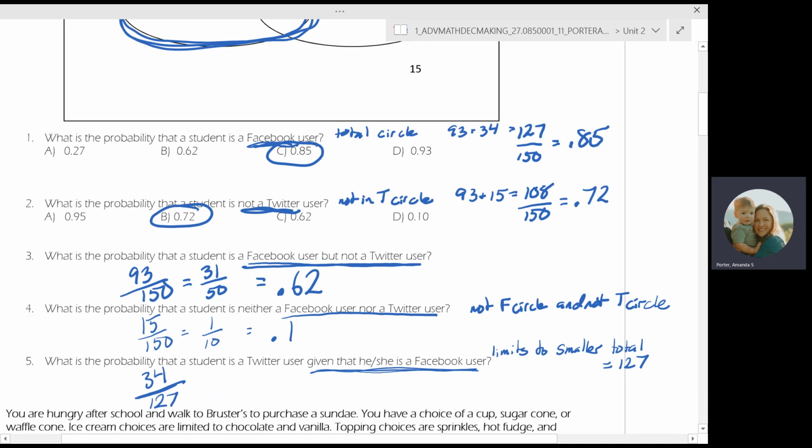Let's see if that reduces. It does not. And that equals 0.26, I would round that up to 8. I like to use 3 decimal places whenever I can. So my probability would be 0.268.